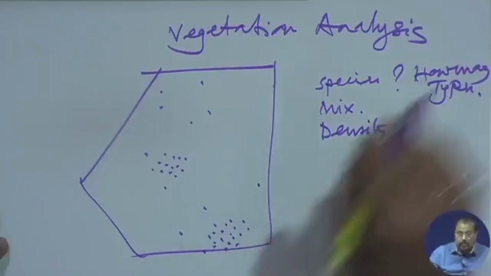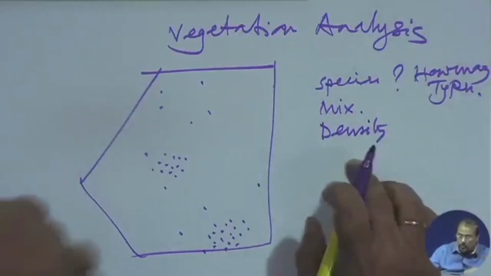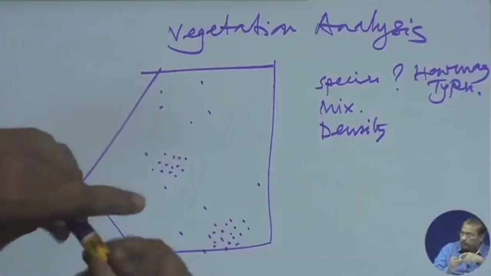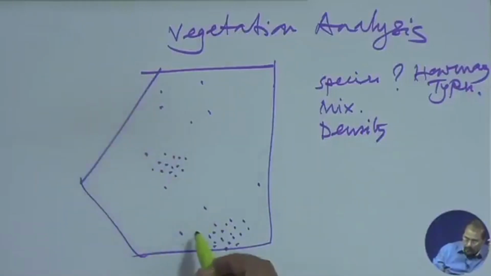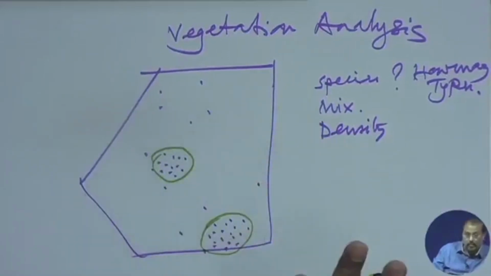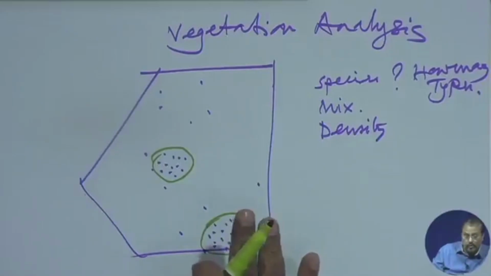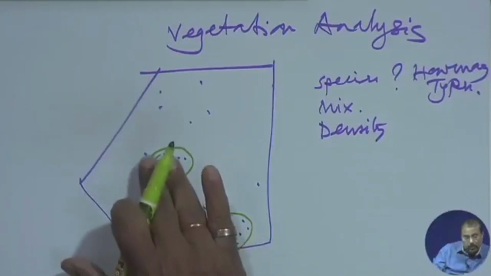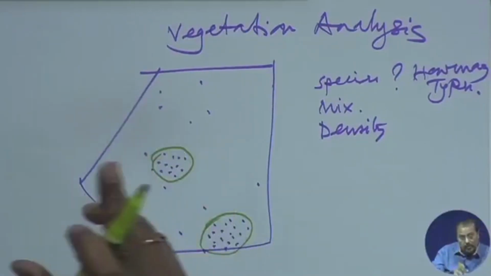Okay, and then you try to find out the density. Suppose if you take this particular area into our discussion, then you find that the density of plantation is high. What about this? Blank. So your analysis is showing this is the area which has great potential for plantation, and this is also potential for plantation as per existing.